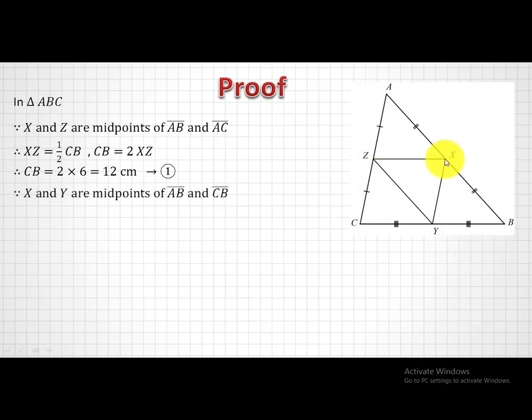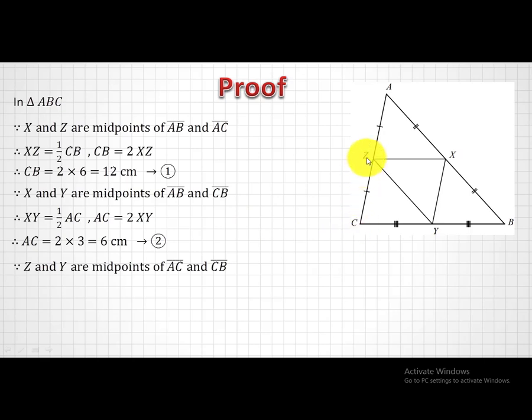And since points X and Y are midpoints of line segments AB and BC, therefore XY equals half AC, which means AC equals double XY, then AC equals 2XY. Then AC equals 2 times XY equals 2 times 3, which is 6 cm, so line segment AC equals 6 cm.